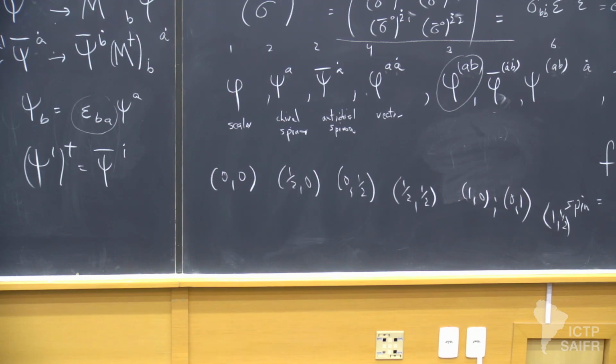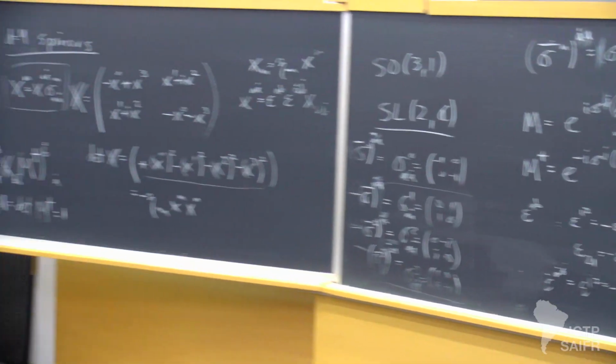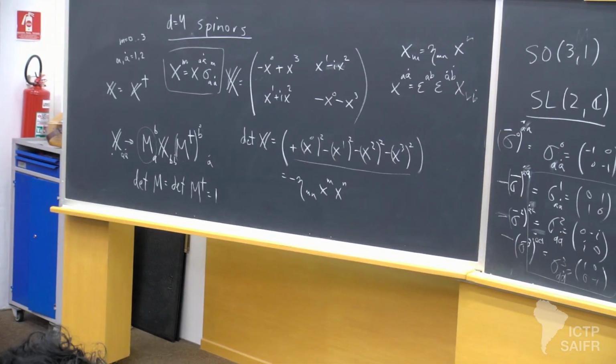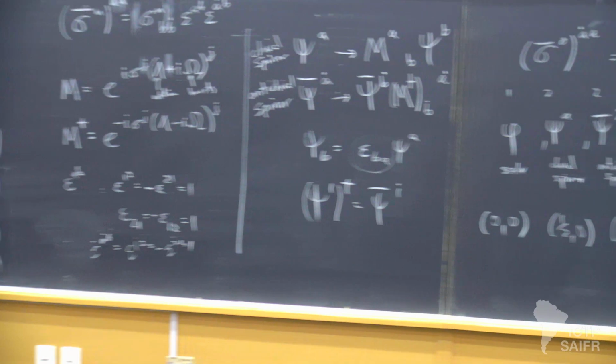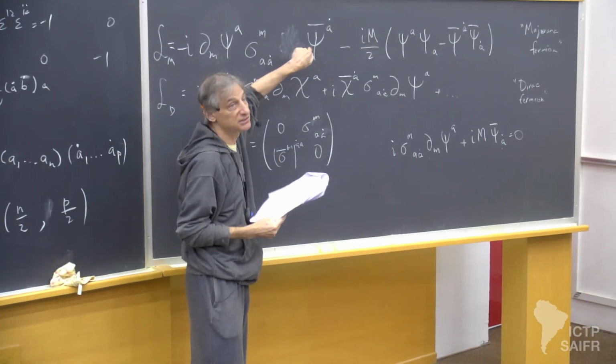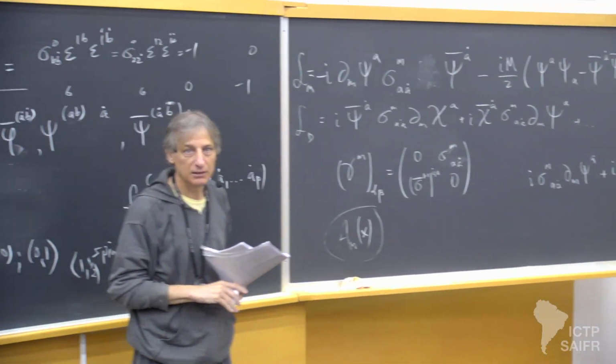So if I switch the order, I have to put a minus sign. So this would be equal to minus i ∂_m psi_a psi bar a dot. So I could have written it this way. I don't know if that makes you happier because these indices are close to that. Okay.